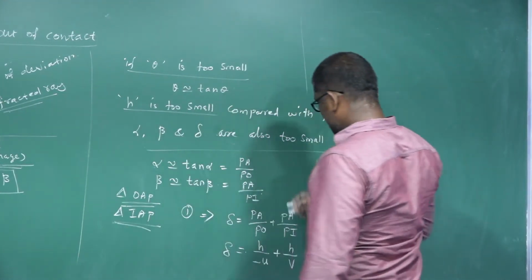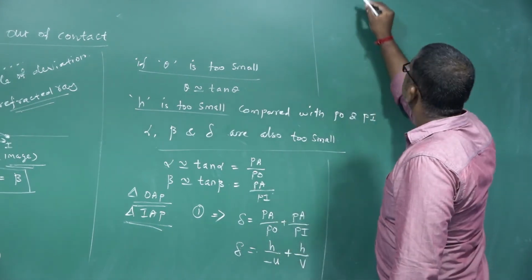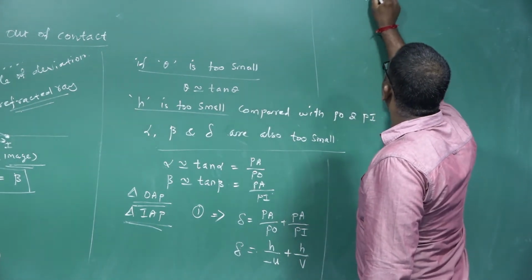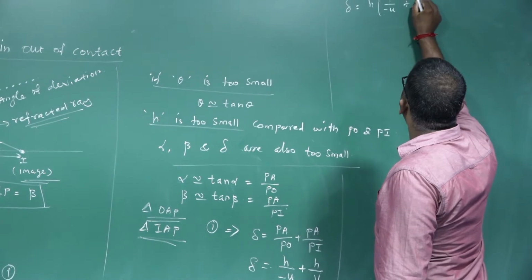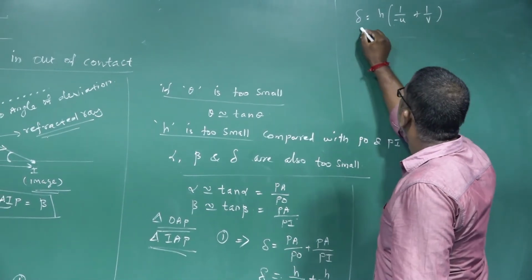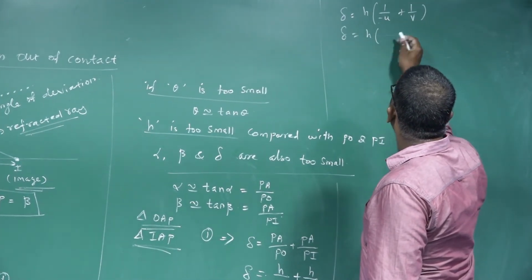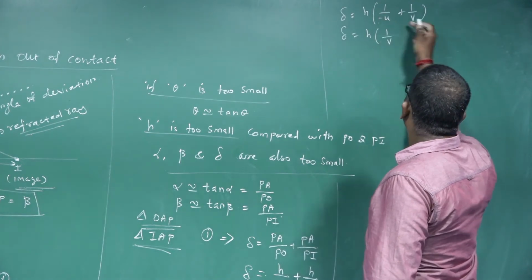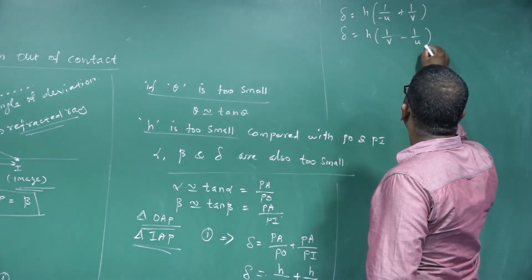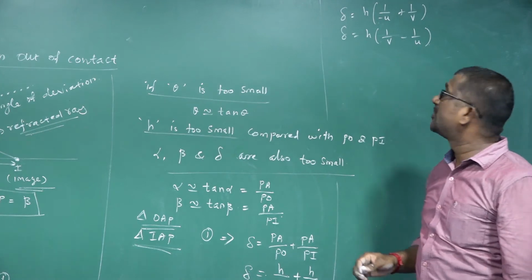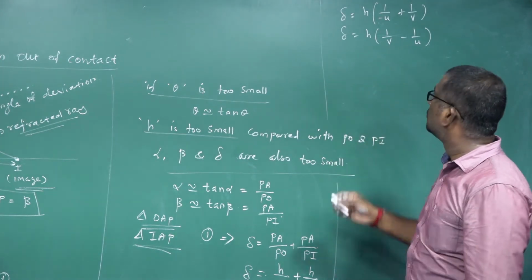Or del is equal to H common, so take it outside. So H of 1 divided by minus U plus 1 divided by V. Or otherwise del is equal to H of 1 divided by V minus 1 divided by U, right?